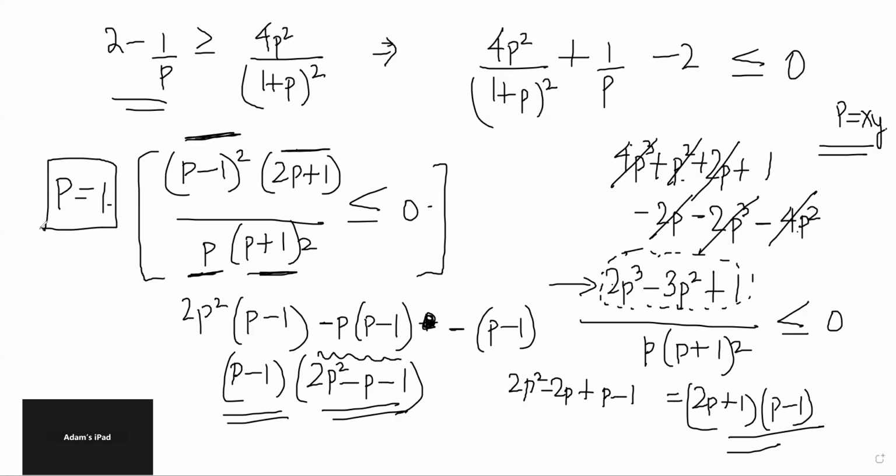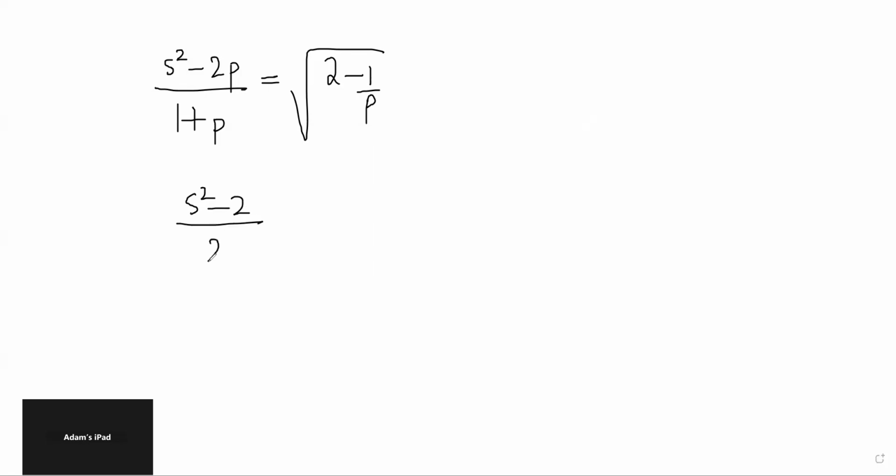If p is 1, if you put that in the original equation, you will get s. The original equation was (s square minus 2p) by (1 plus p) is equal to root over 2 minus 1 by p, right? So put p equal to 1. (S square minus 2) by 2 is equal to root over 2 minus 1.